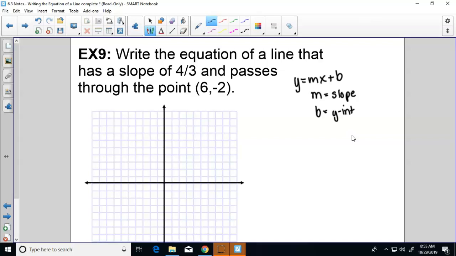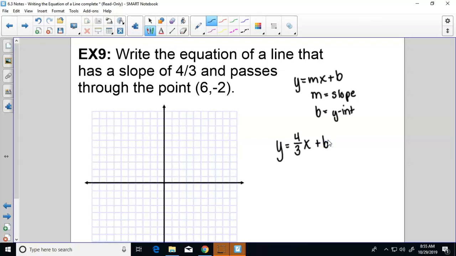To write the equation of a line, you have to have a slope and a y-intercept. Looking at example 9, it says write the equation of a line that has a slope of 4/3 and passes through the point (6, -2). I have a slope, so I know y equals 4/3 x, and I do not know the y-intercept, so I'm going to put a b right here.